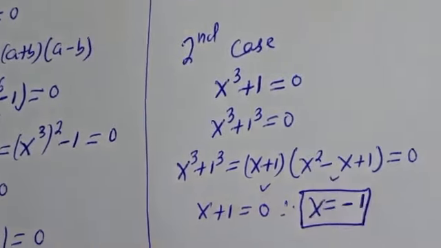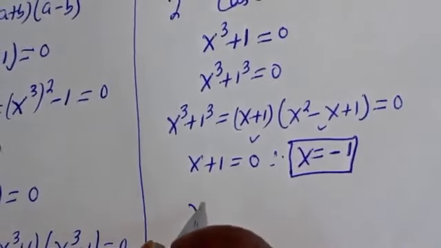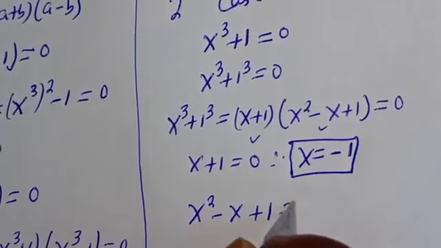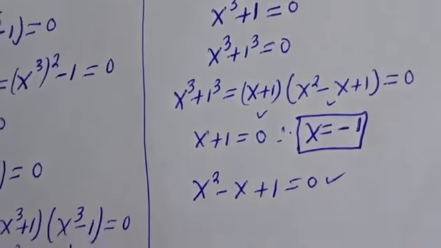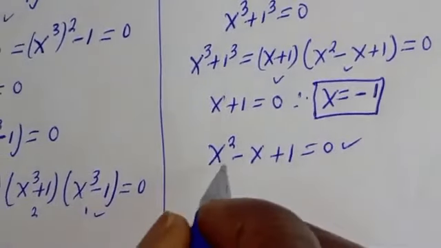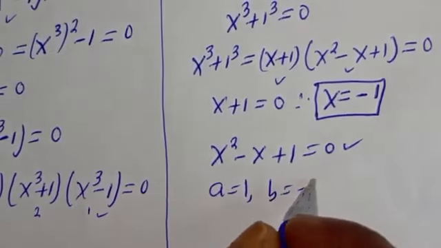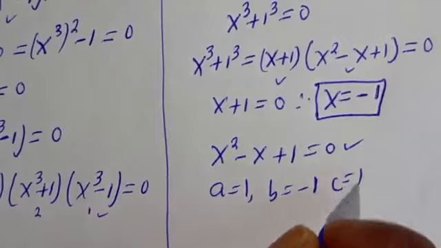Also, from this case, we have s squared minus s plus 1 is equal to 0. This is a quadratic equation. Let's solve using the quadratic general formula. We have a is equal to 1, b is equal to minus 1, c is equal to 1.